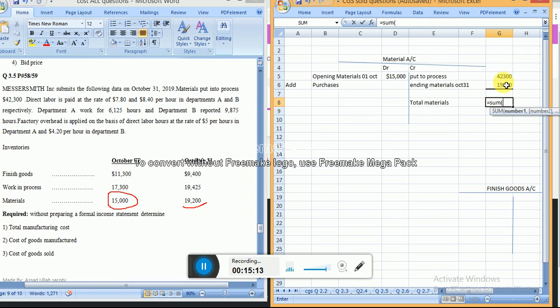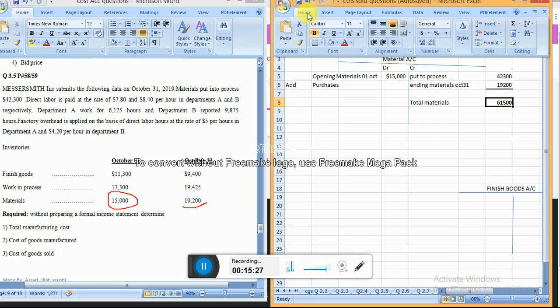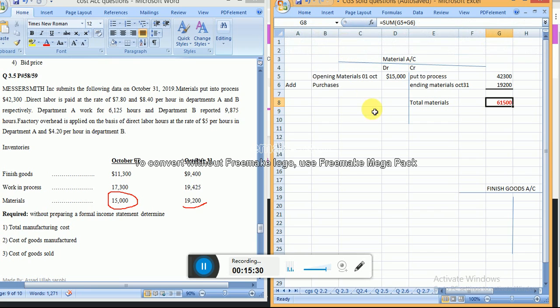We will add 42,300 plus 19,200. That is equals to 61,500. How much? The 61,500. That is credit side. So our debit side will also be equals to 61,500 total.